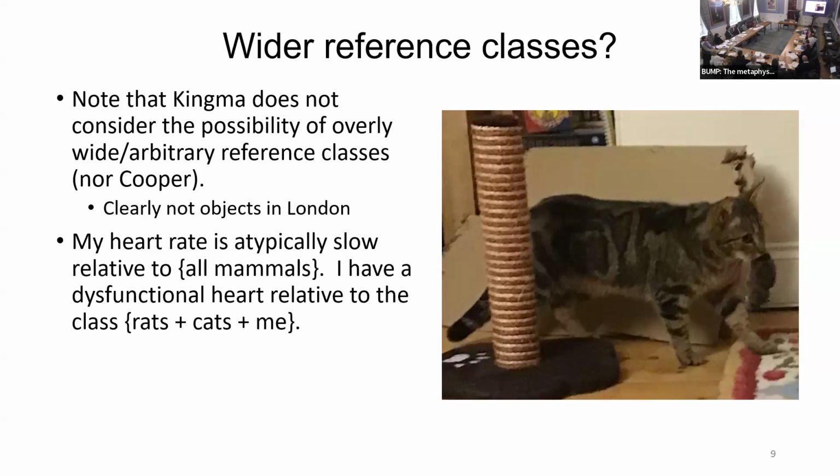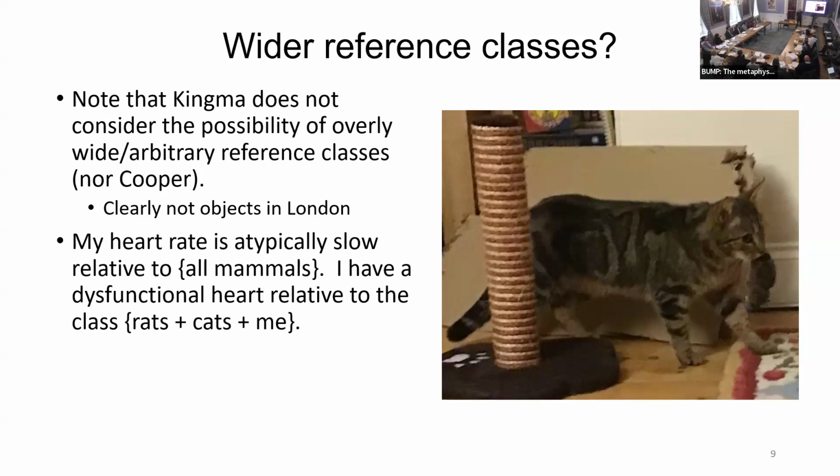But my heart is atypically slow relative to all the mammals in my house. It's atypically slow relative to the class of rats, cats, and me. But really, of course, we'd be thinking about something like the class of all mammals.